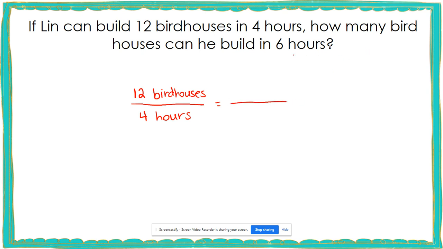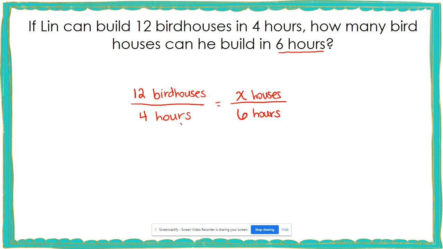Then I'm being asked how many birdhouses can he build in 6 hours? Well, since I have hours in my denominator over here, I need to have hours in my denominator over here. And what I don't know is how many birdhouses. So I'm going to use the variable x to represent that.